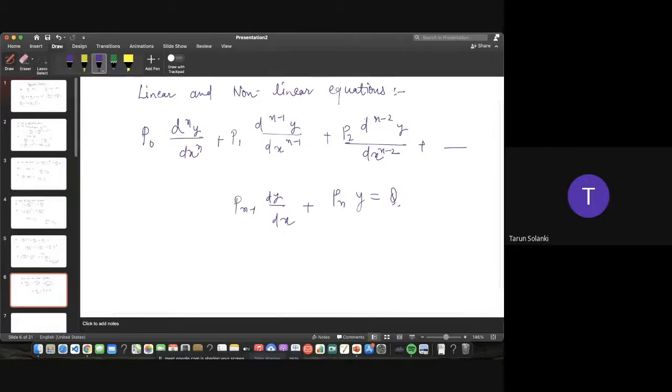So those equations which are not linear are called non-linear differential equations.